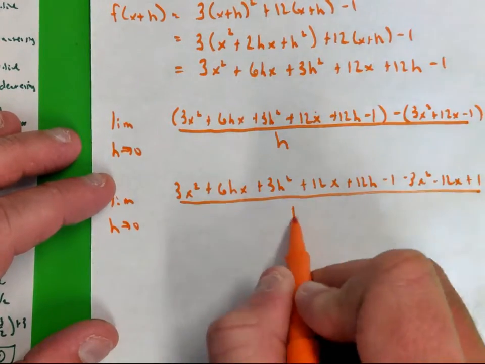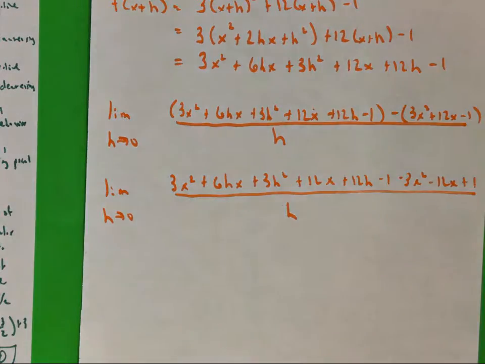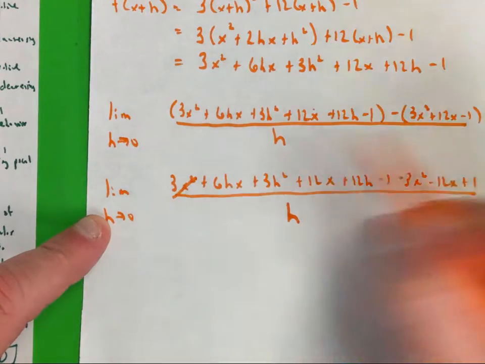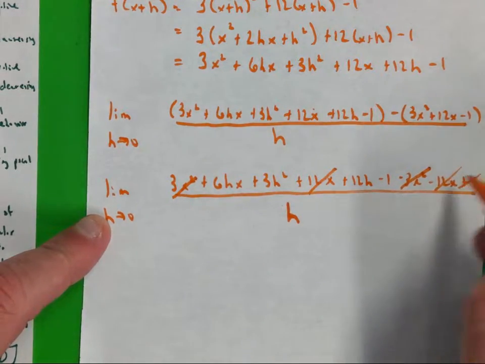Now, yesterday I talked about how at this certain point in this problem, something should cancel out. Everything that doesn't contain a what? H. If it doesn't, then we did something wrong. So 3x squared and negative 12x cancel.